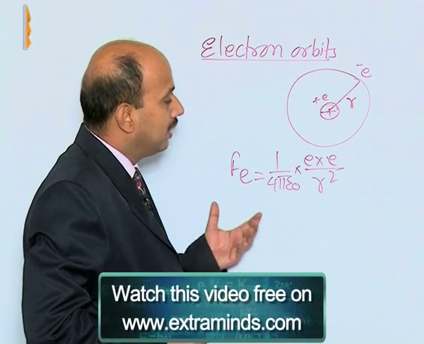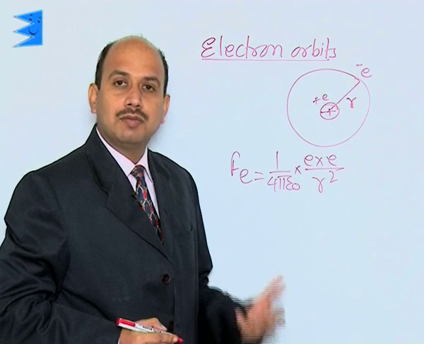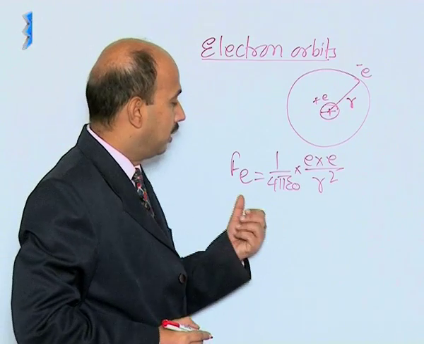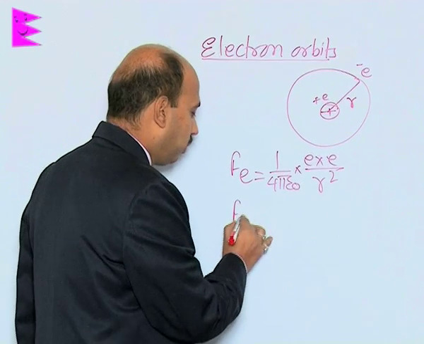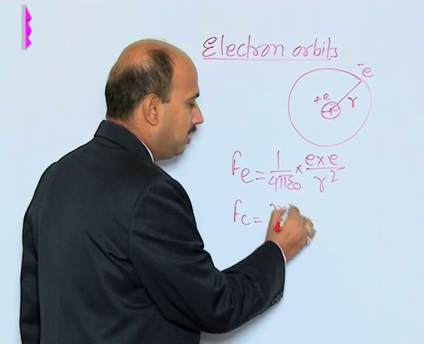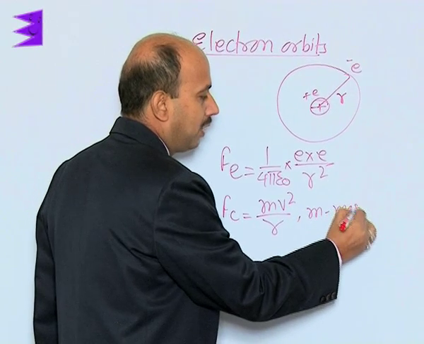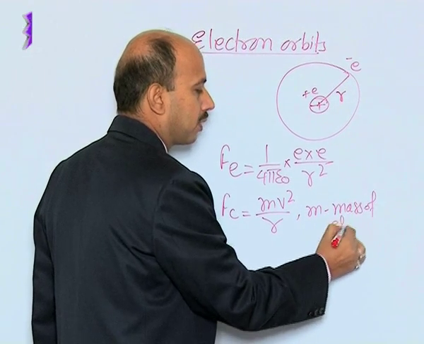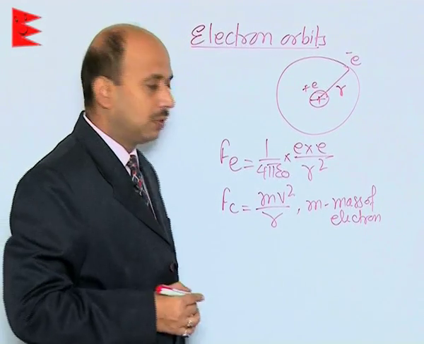Now, when this electron revolves, a centripetal force is acting, which comes from the electrostatic force of attraction. So, the centripetal force can be written as m v square upon r, where m is the mass of the electron, v is the velocity of the electron, and r is the radius of the orbit.